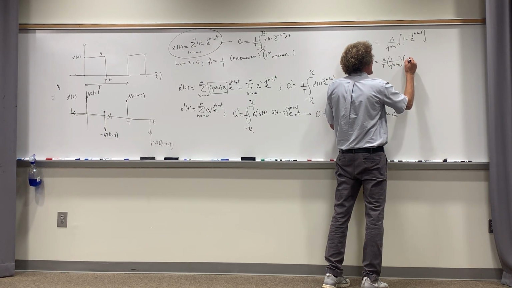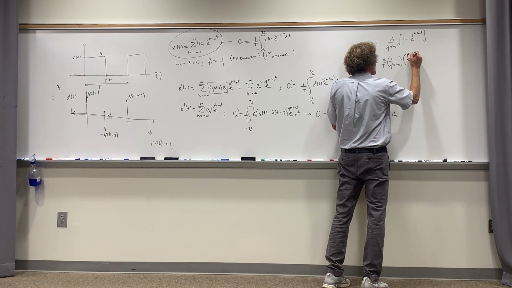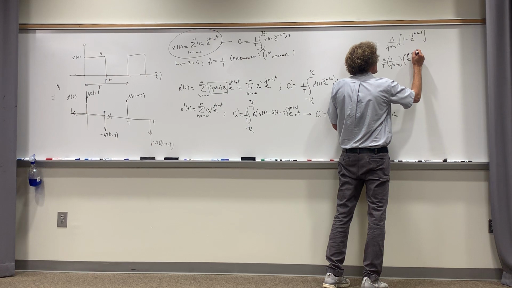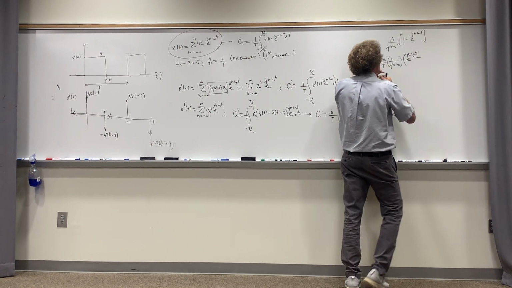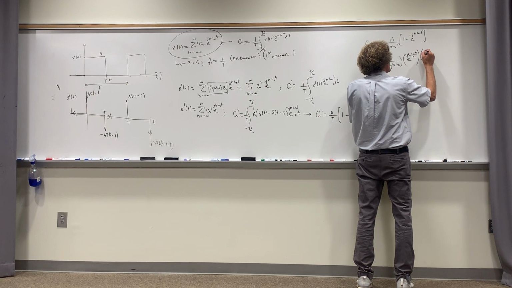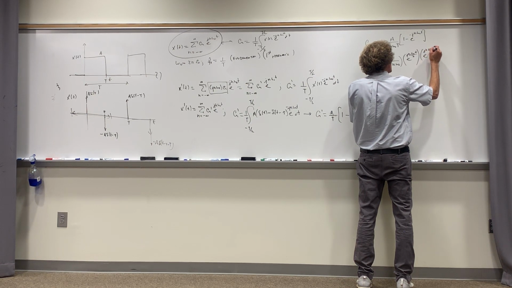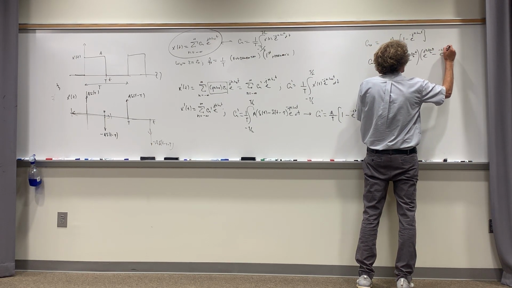Then I can factor out an e to the minus j n omega naught T over 2 here. And then I have e to the j n omega naught T over 2, and I have minus e to the minus j n omega naught T over 2 here.